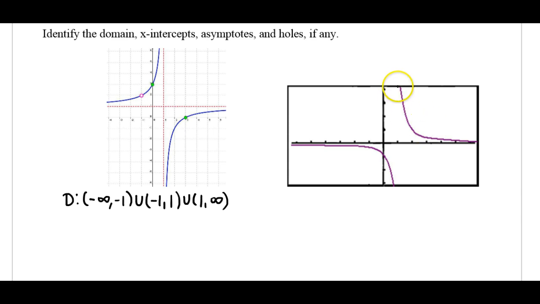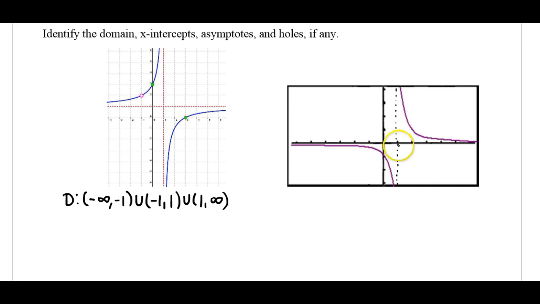But what we can hopefully try to imagine is the vertical asymptote being at x equals +1, so we can see that the graph is approaching +1 and approaching +1, and going down towards -infinity over here and going up towards +infinity over here.